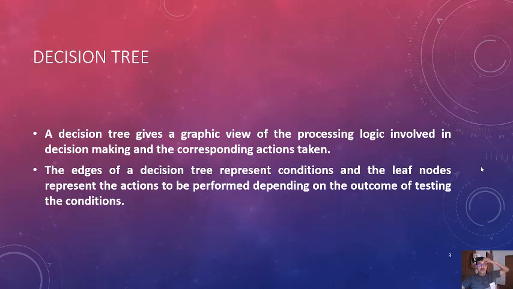It looks like a hierarchical, tree-like structure, and each tree consists of some nodes and some edges. Each edge represents some conditions of the problem, and each leaf node is the action or outcome of those conditions.